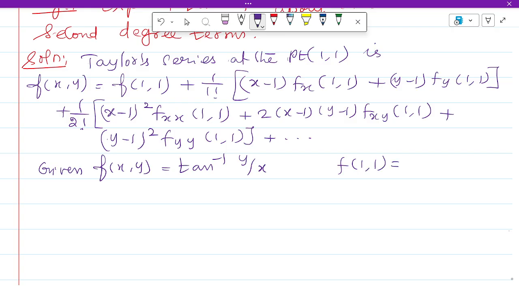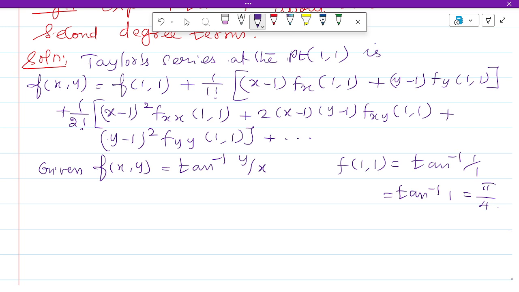Substituting x equal to 1, y equal to 1, we get tan inverse of 1 by 1, that means tan inverse of 1, which is pi by 4, because tan 45 degrees is 1.